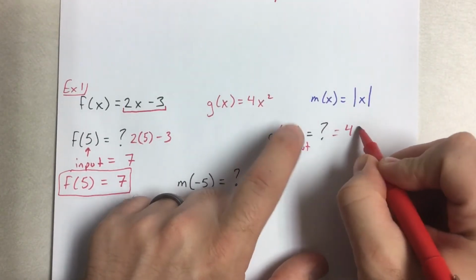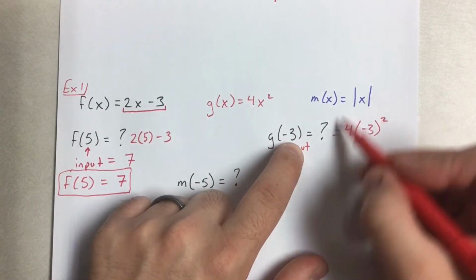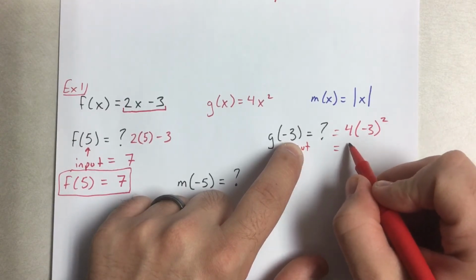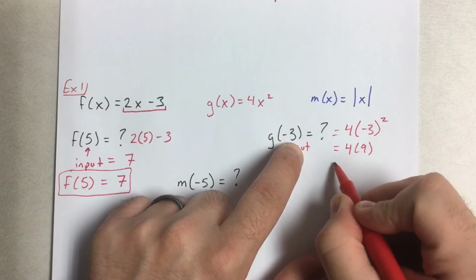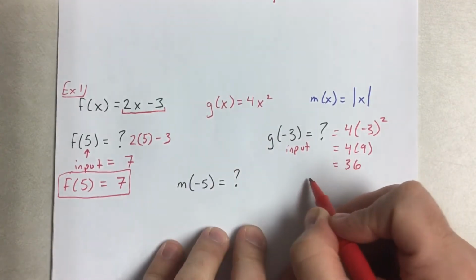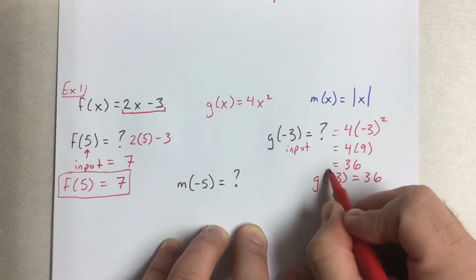So you would have 4 times negative 3, squared. And then the function is going to manipulate that number. So we have negative 3 times negative 3 is 9. And 4 times 9 is 36. So we would say here that g of negative 3 equals 36.